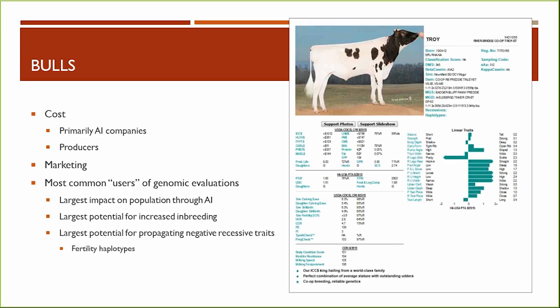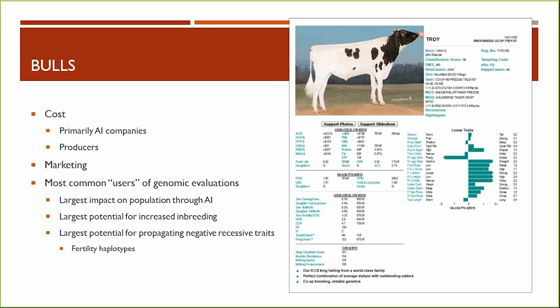That is also how we occasionally get these recessive traits, such as the fertility haplotypes, that will be propagated because of the common use of popular sires. So for instance, that is how most of the fertility haplotypes can all be traced back to common sires. So just keep that in mind to try to keep some diversity when you're selecting bulls for your herd.